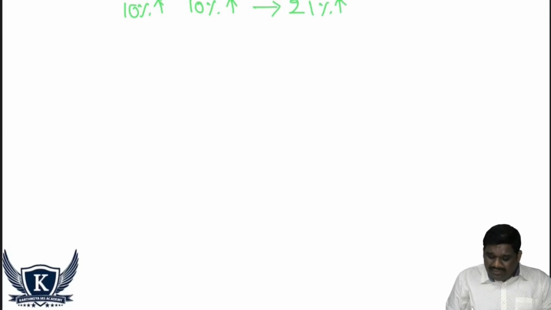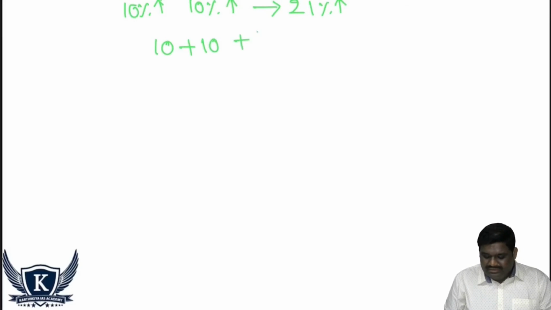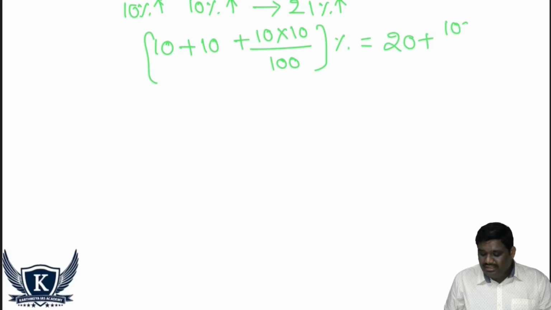This can be obtained from the formula 10 plus 10 plus 10 into 10 by 100 percent. It can be taken as 20 plus 100 by 100, which is nothing but a 21 percent increase.